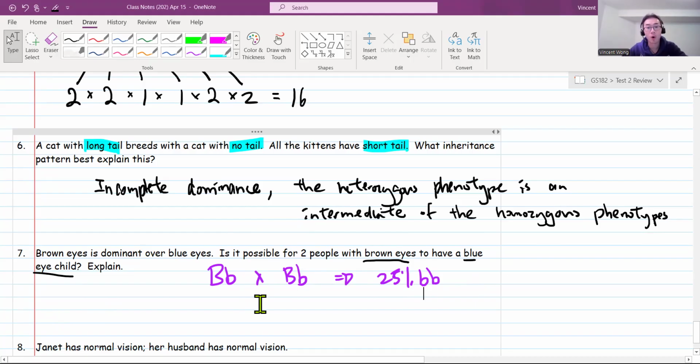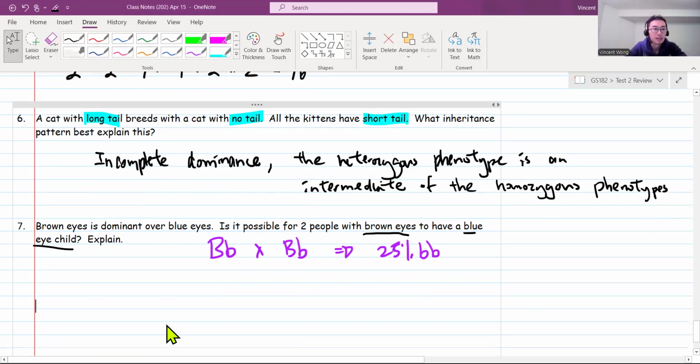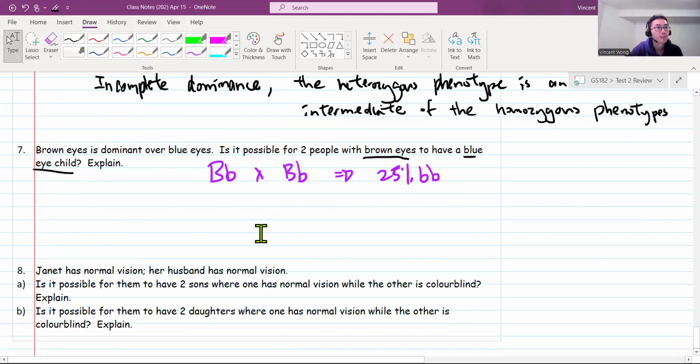Is it always possible for brown-eyed parents to have blue-eyed kids? Why not? If both parents are big B, pure brown eyes, then all their kids are going to be brown eyes, right? So you have to think about that.